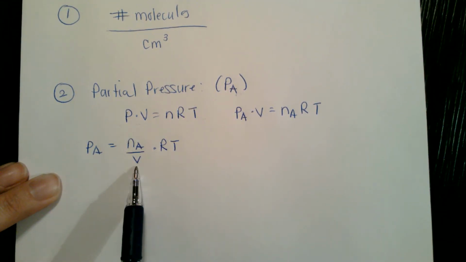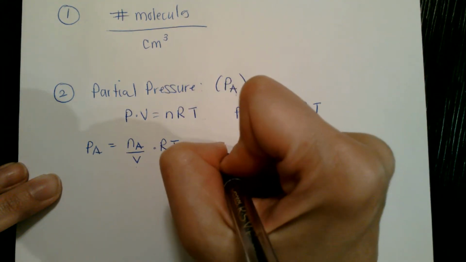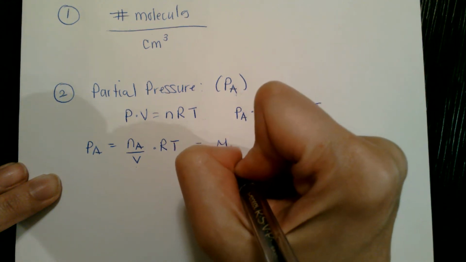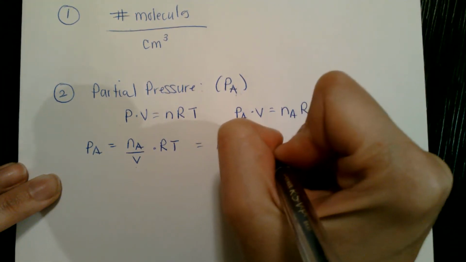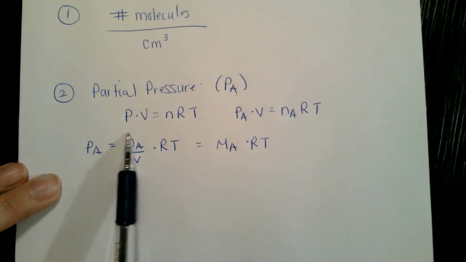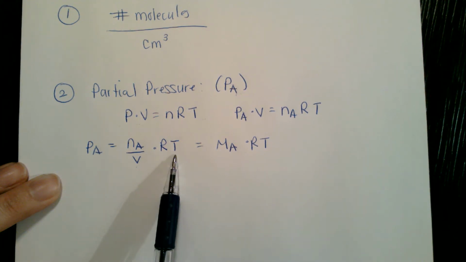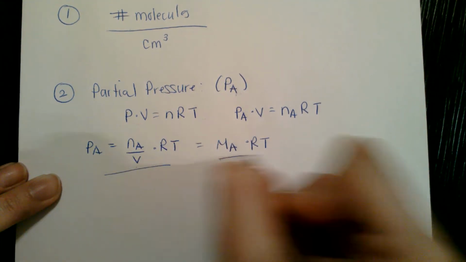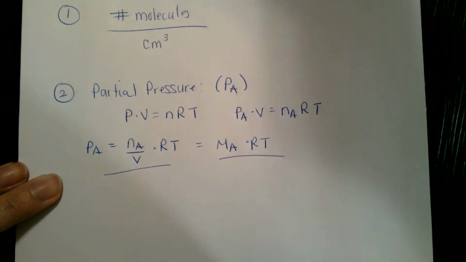Moles per volume is essentially the concentration of gas A, often designated as M_A. So the pressure of gas A is essentially the concentration of gas A times RT, where T is the absolute temperature and R is the gas constant. Either one of those two we can use for the partial pressure.